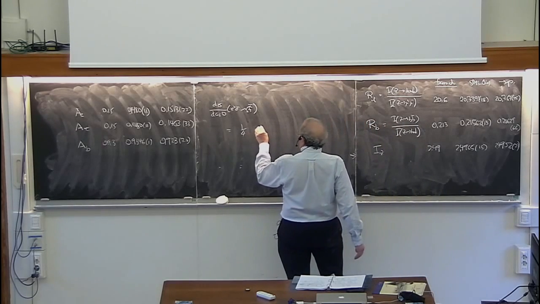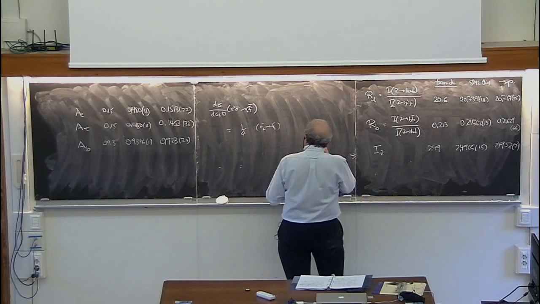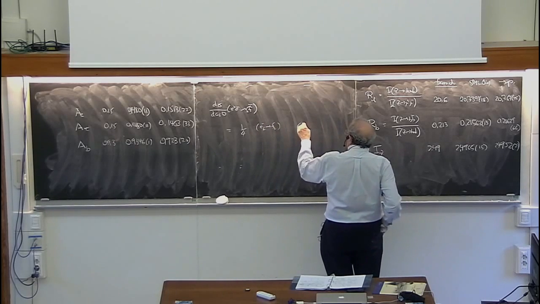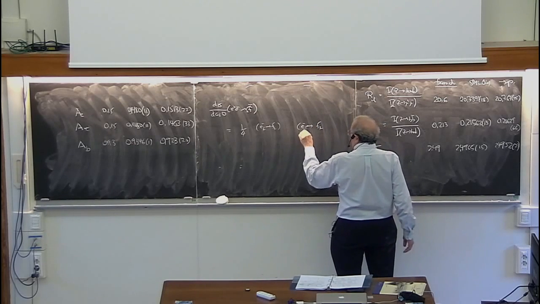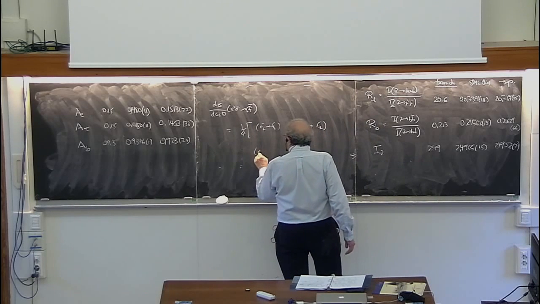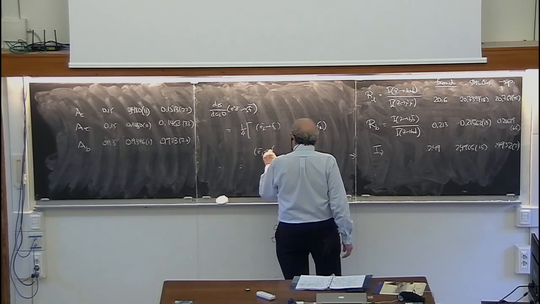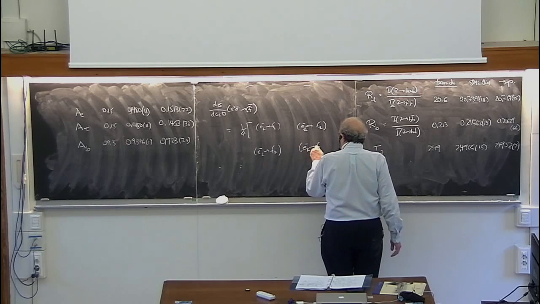One in which the electron left goes to the F left, one in which the electron left goes to the F right, electron right to F right, and one in which the electron right goes to the F left.